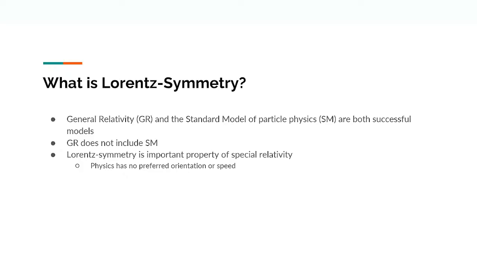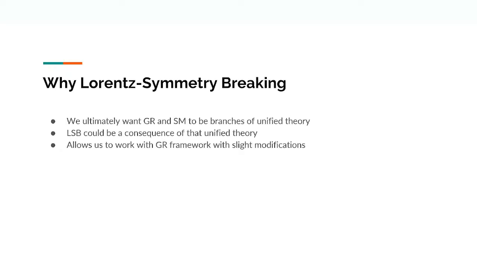And we care about this because general relativity, which describes all of gravity, and the standard model of particle physics, while they're both successful models, don't mesh together. We ultimately want them to mesh together, though, which is why we care about Lorentz symmetry breaking.